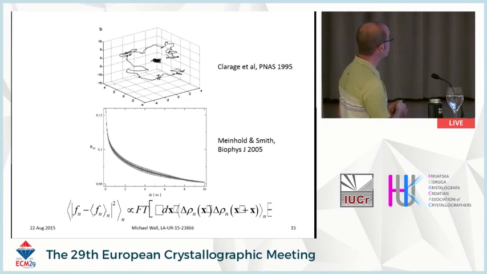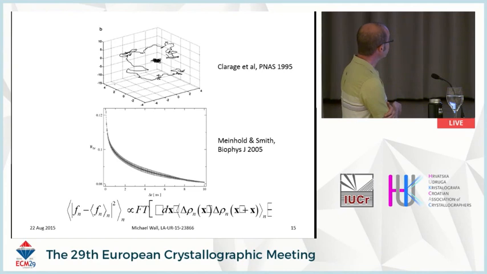This is showing a projection of the coordinates into a three-dimensional space, illustrating 500 picoseconds of this simulation, and it shows there really wasn't very good sampling. Still, you could calculate the mean of the trajectory and get a fairly good idea of the mean structure. But the fluctuations, the variance of the structure factor, were not reproducible.